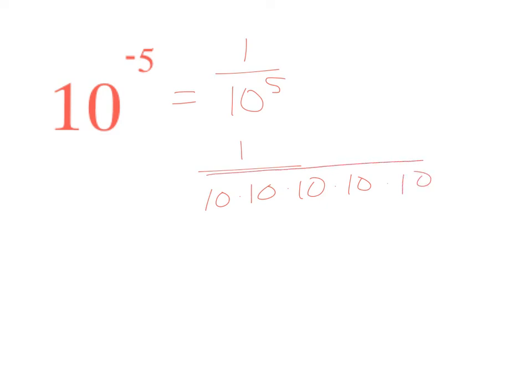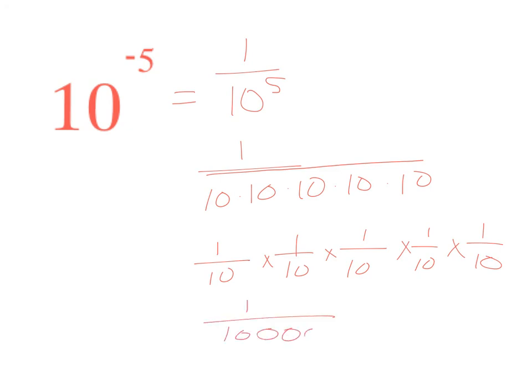Or they could show it as 1 over 10 times 1 over 10 times 1 over 10 times 1 over 10 times 1 over 10. Or 1 over 1, 2, 3, 4, 5, because any 10 to that particular power has that many zeros.